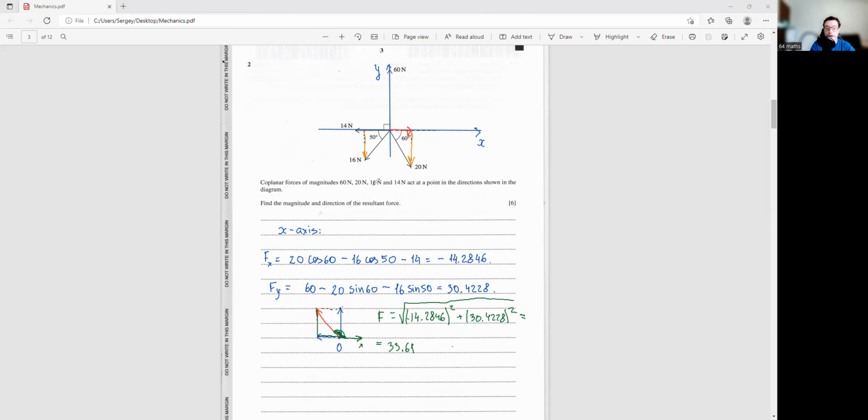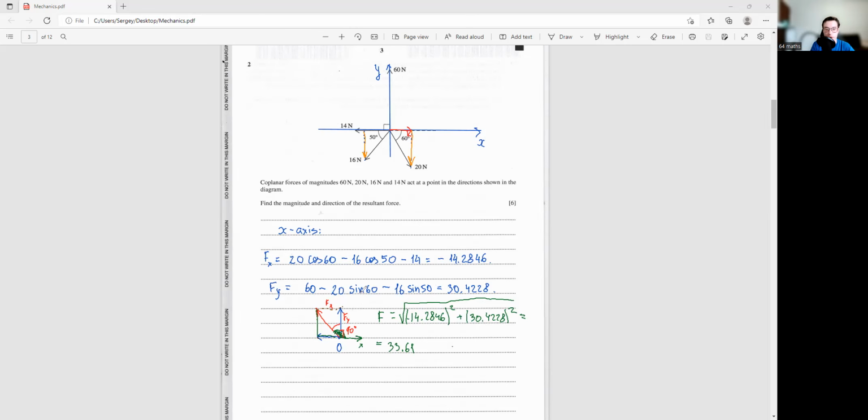Okay, and to calculate this angle, I will have to add up 90 degrees and this little angle between the y-axis and the resultant force. Now, to find this little angle, we can use trigonometry. So on top, there's going to be the x component of the resultant force. And the side adjacent to this angle is going to be the y component of the resultant force.